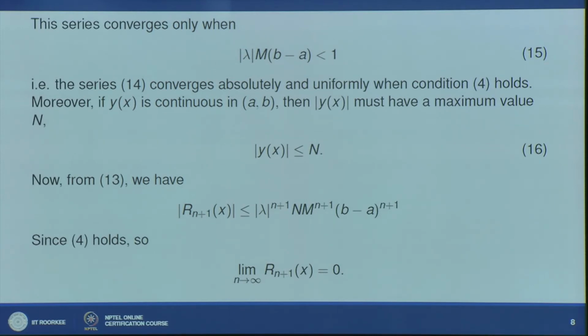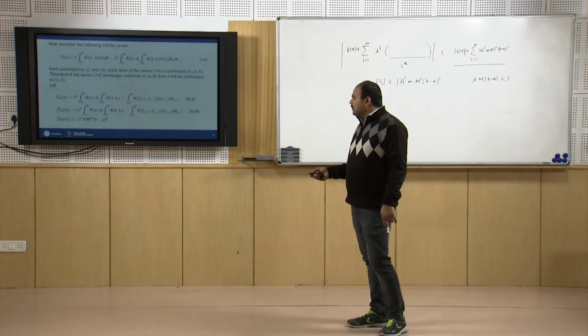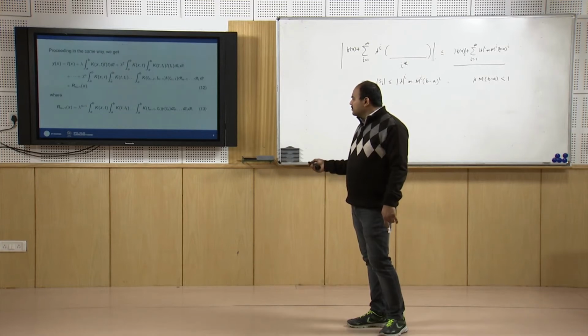In this case we can assign that value as y of x here, and y of x is continuous because of this uniform convergence. If I assume that it has a maximum value, which we call capital N, then the remainder term, which is given by equation number 13, involves yt.